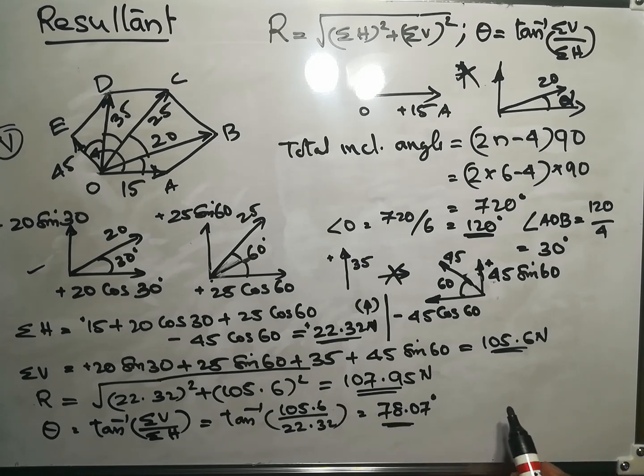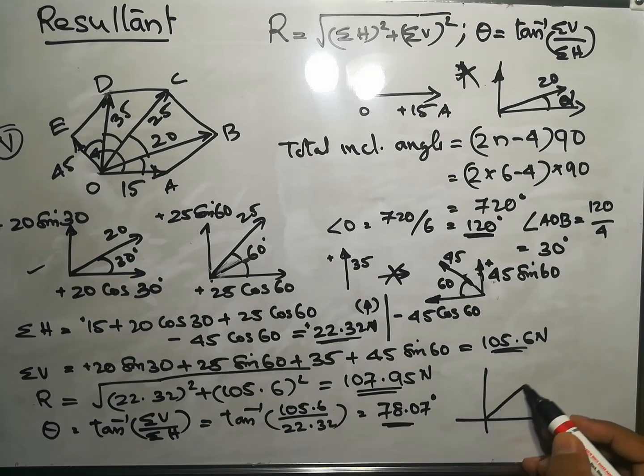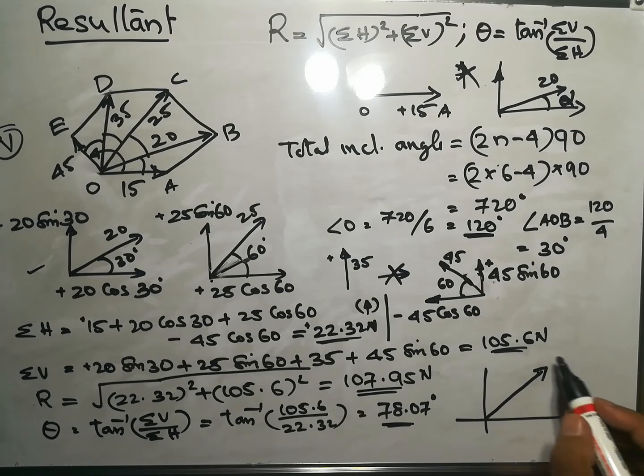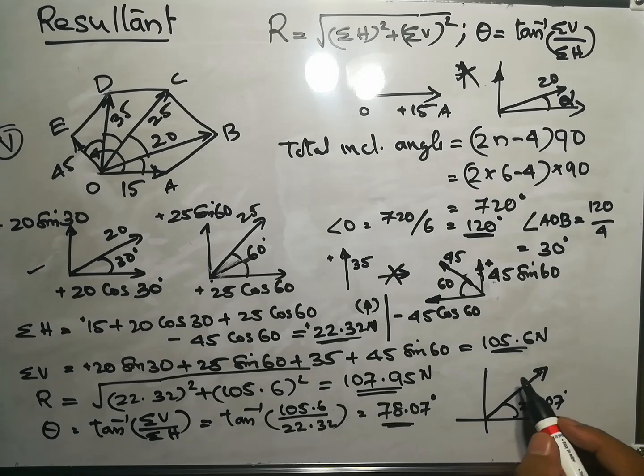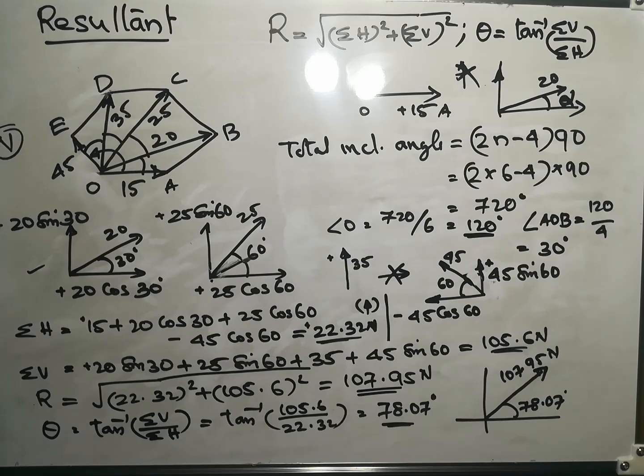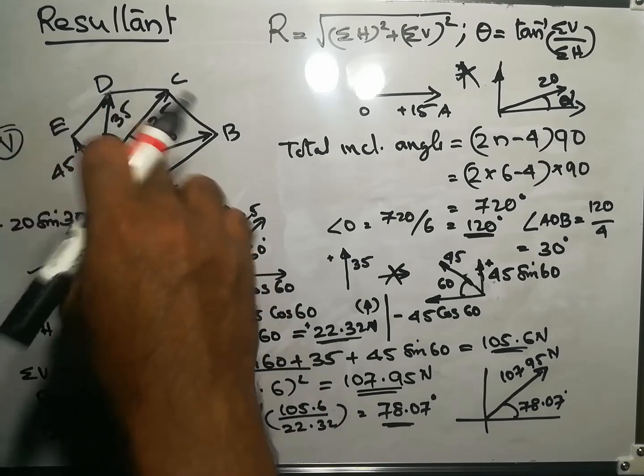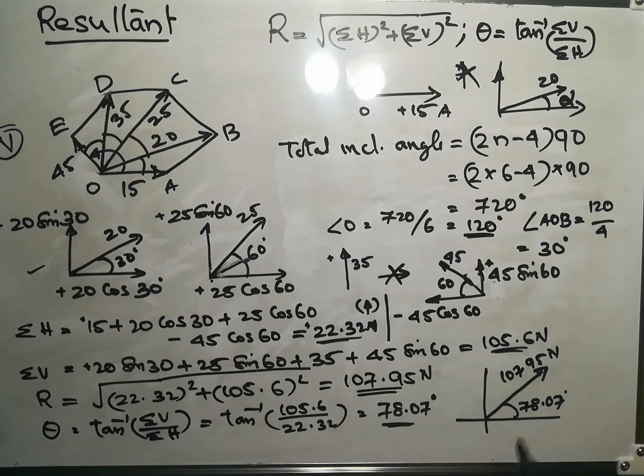If you draw this as a vector, it will be something like this: the angle will be 78.07 degrees and this will be 107.95 Newton. So the resultant of all these forces will be 107.95 Newton acting at 78.07 degrees with respect to the x-axis, or horizontal axis.